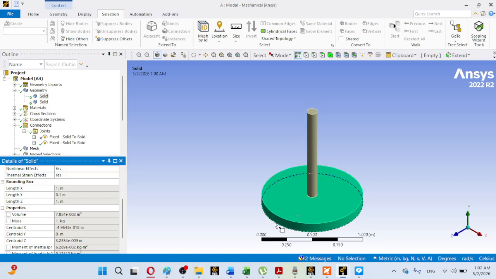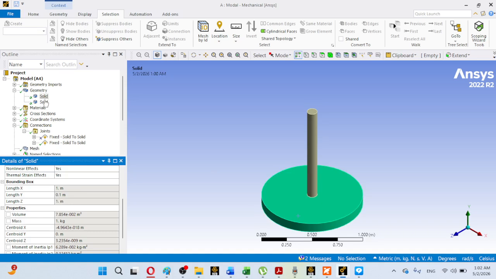So this thickness in the y direction was used as 0.1 meter, and length z in this direction diametrically was also 1 meter. So its diameter for this rigid disc was 1 meter, and its thickness was extruded to be 0.1 meter.